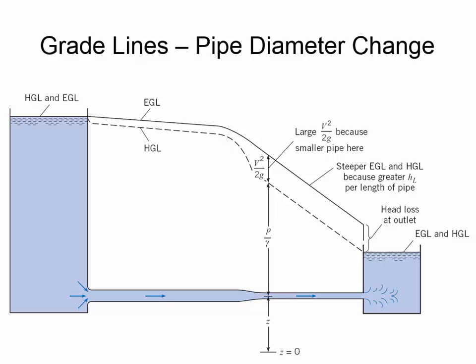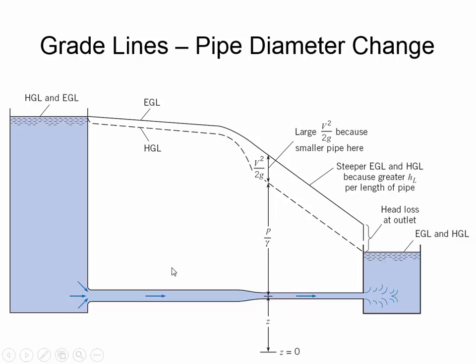Okay, so starting at the very far left, the water comes into the pipe, and then that's the cause of the divergence between the EGL and the HGL. They used to be coincident with each other. They used to be right on top at this tank, and then they came apart because of the transition.